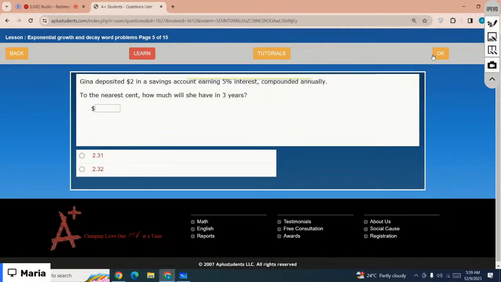Okay, Gina deposited $2 in a saving account earning 5% interest compounded annually. To the nearest cent, how much will she have in 3 years? So, which is the correct option?